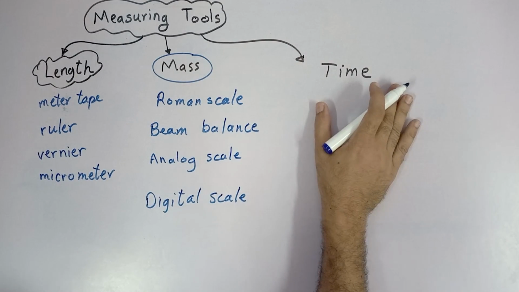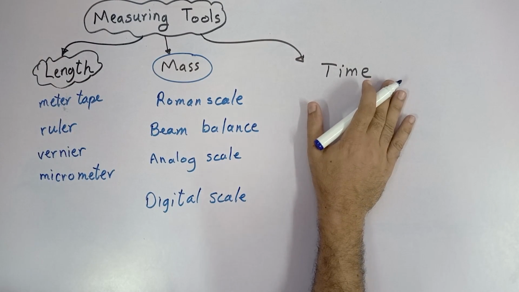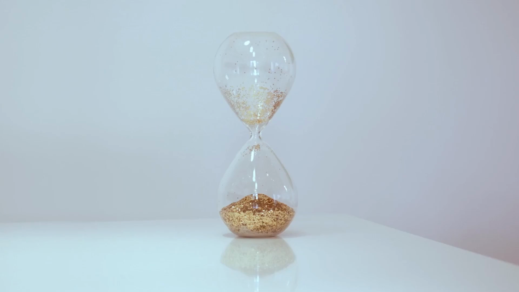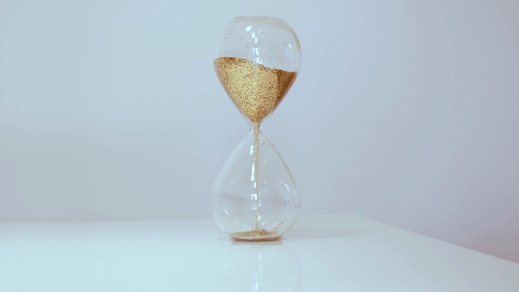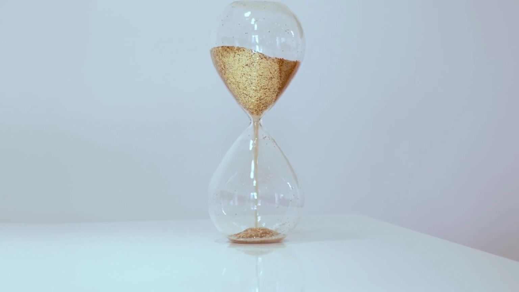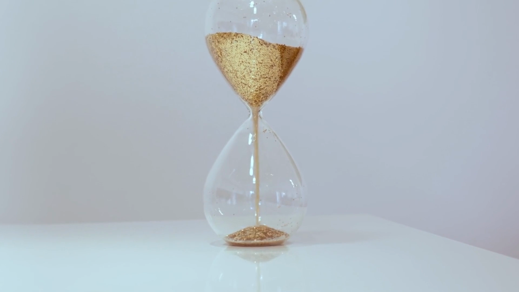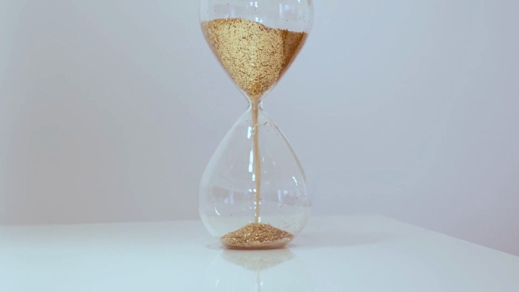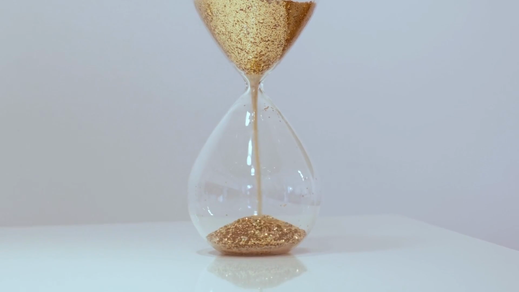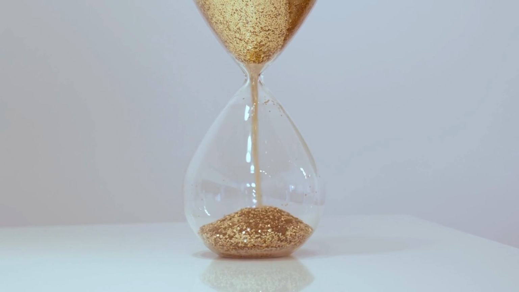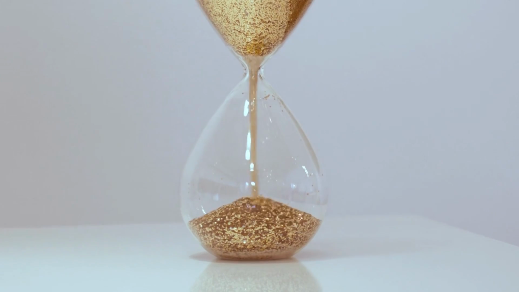What about time? In the past, they used to measure time with an hourglass. As you see in the picture, it has two sides and it has sand inside it.